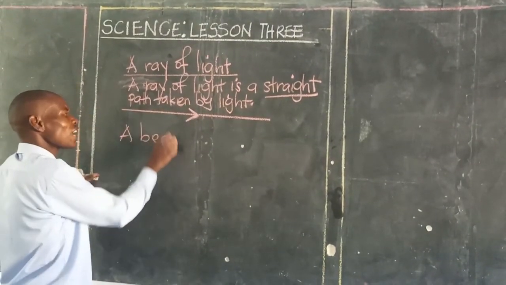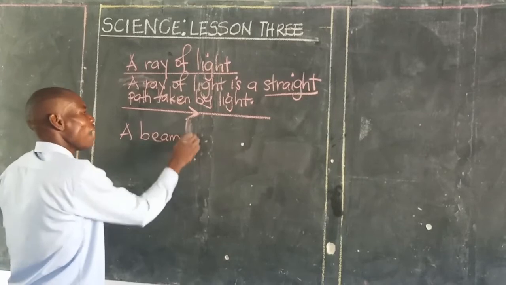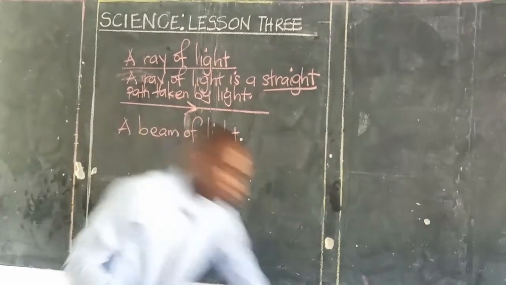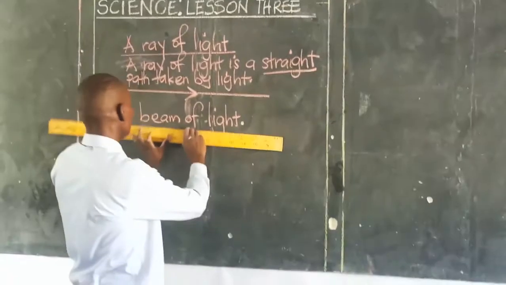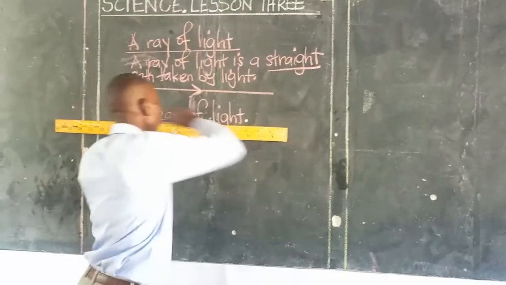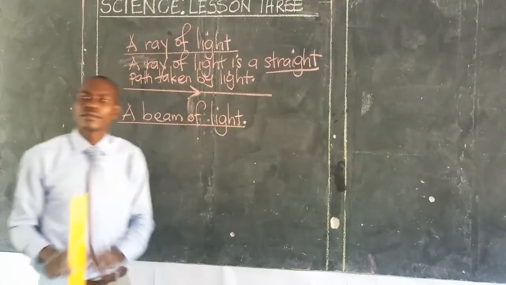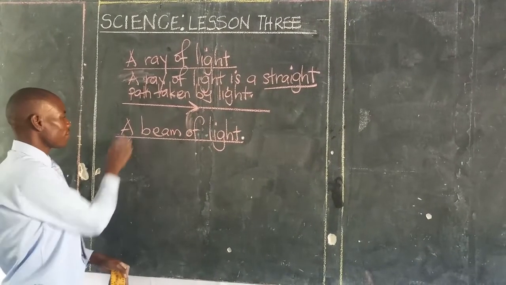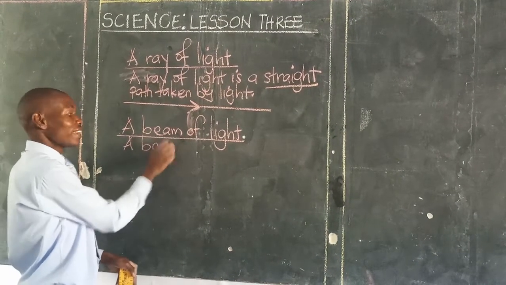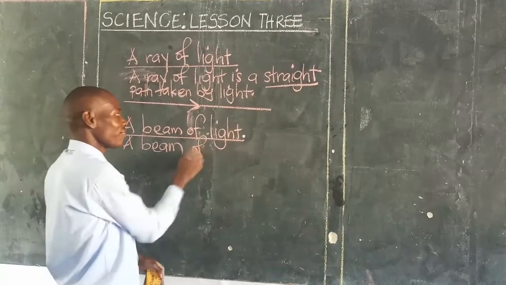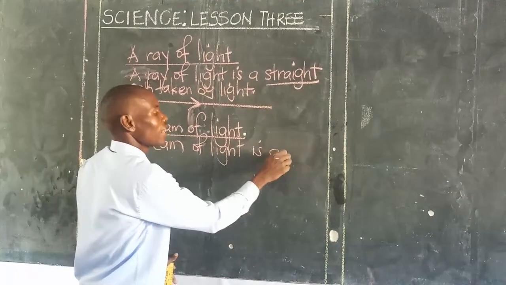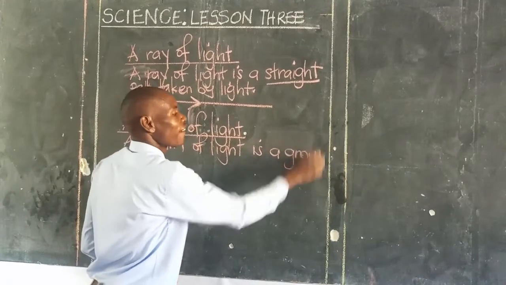So we would also like to talk about a beam of light. Boys and girls, a beam of light. Like I've said, a beam of light is a group of light rays.